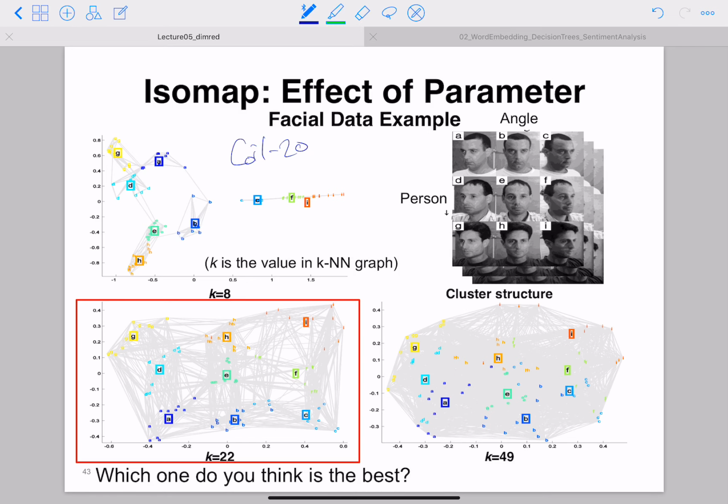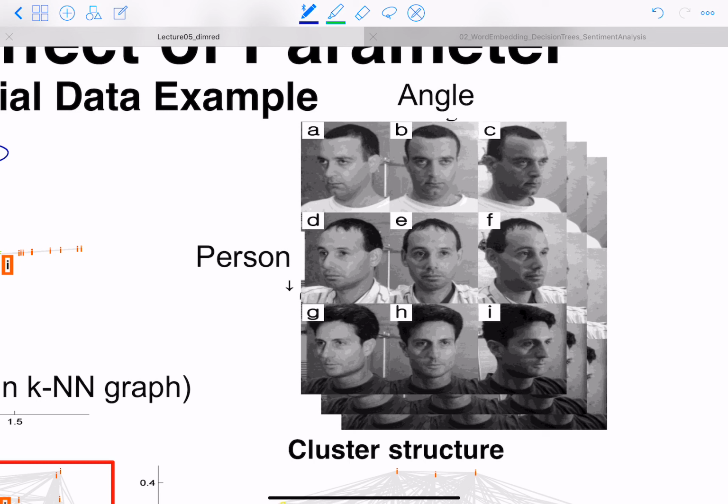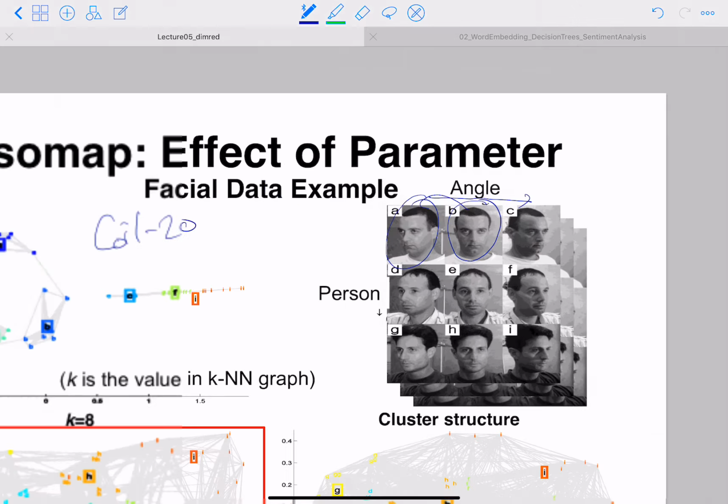Here is a similar experiment that I did. Suppose we have facial images of the same person at different angles. This angle is quite discrete, but we can imagine these angles are quite dense, with smooth variations over a small amount of angle.